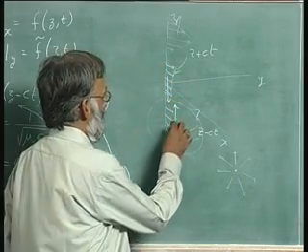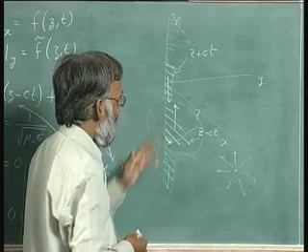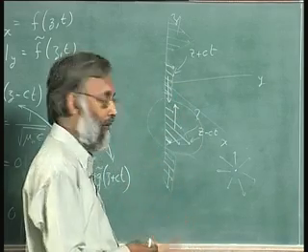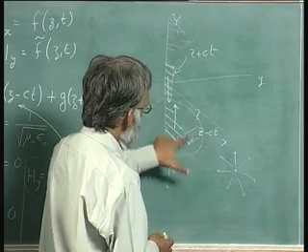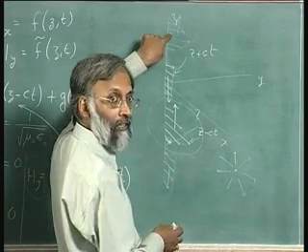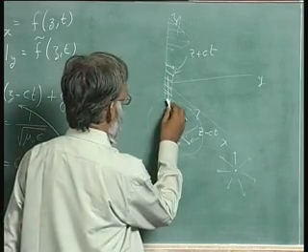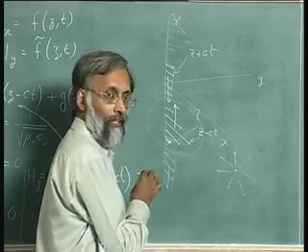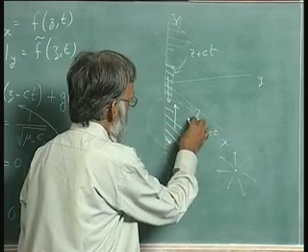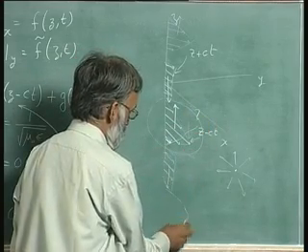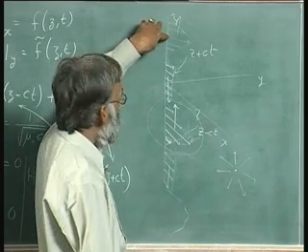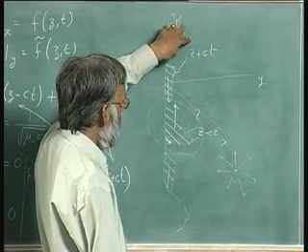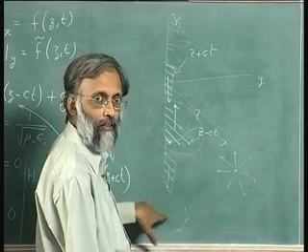Otherwise, supposing the magnetic field disturbance was moving the other way, then what would happen? After a certain time, this triangular disturbance would have reached here, but the magnetic field disturbance, whatever its shape, was moving in the opposite direction. So, it would have reached somewhere here, but you can't have Faraday's law connecting curl of E here to del H del T here.